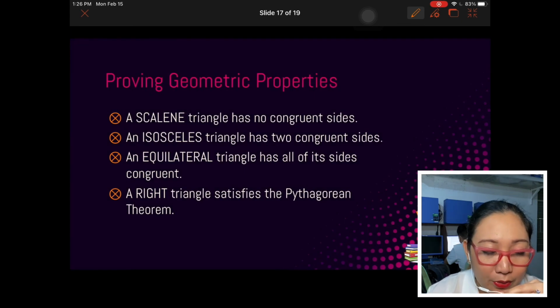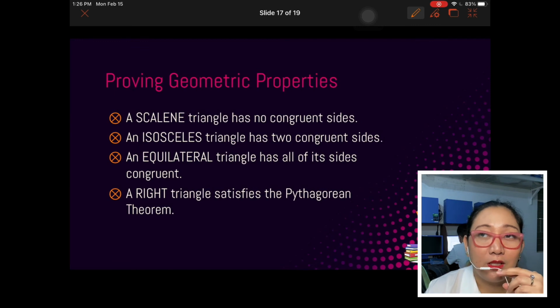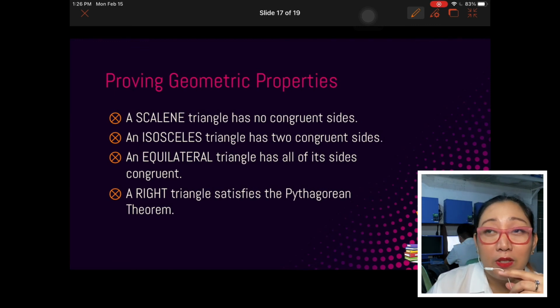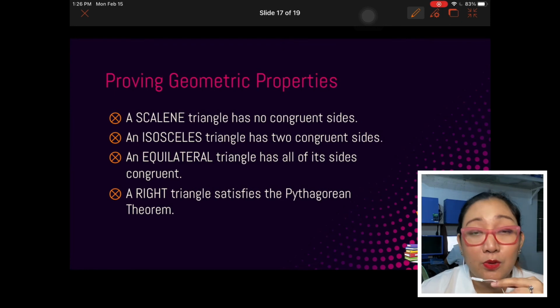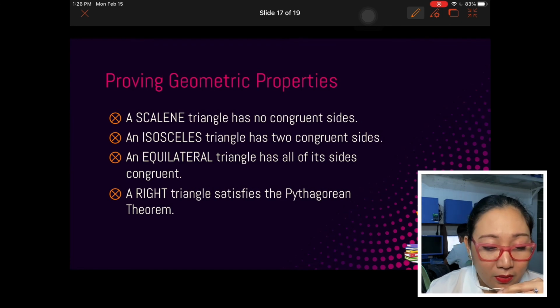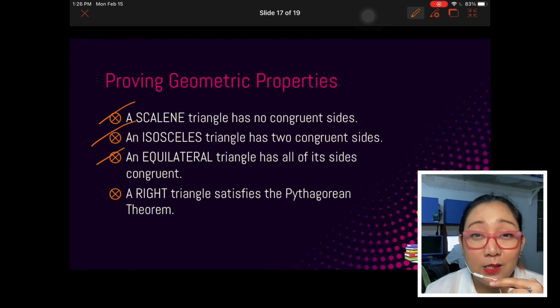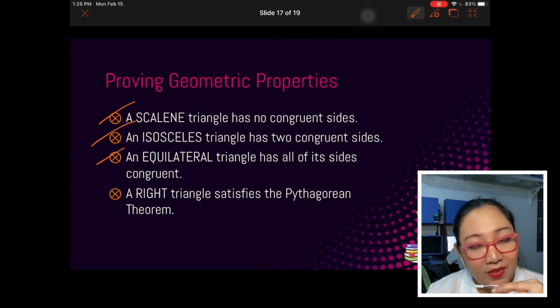Itong last part na to, i-discuss ko lang katulad ng diniscuss ko kanina, kung ano yung mga ideas or what do you have to do to prove certain geometric properties. Nabanggit ko na kanina yung first three. Ito po yung types of triangles according to length of the sides. Kung congruent lahat ng sides, equilateral yan.